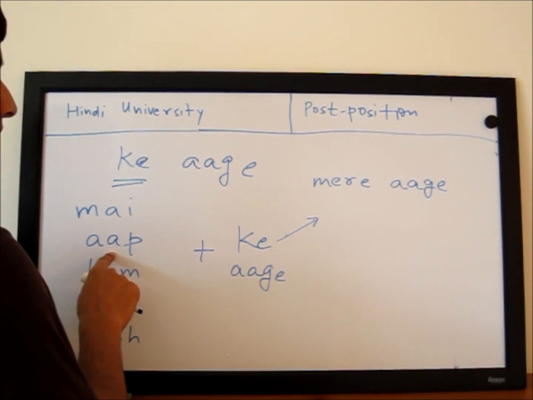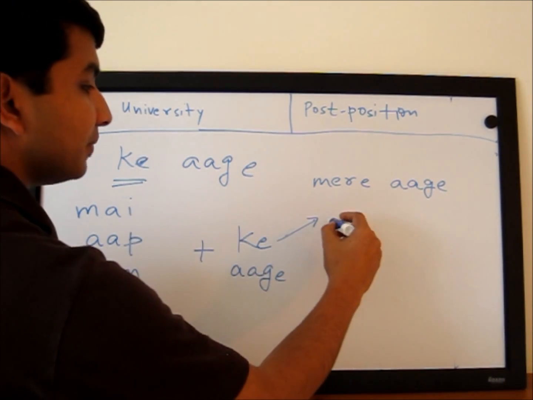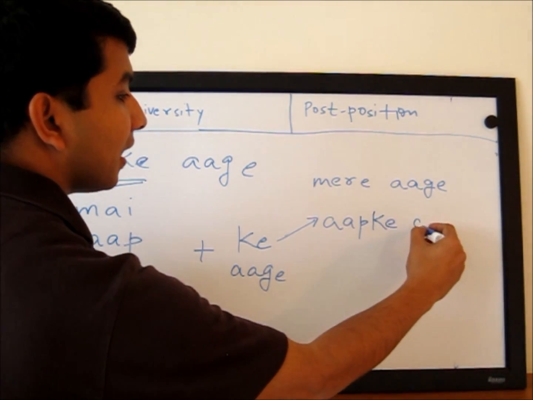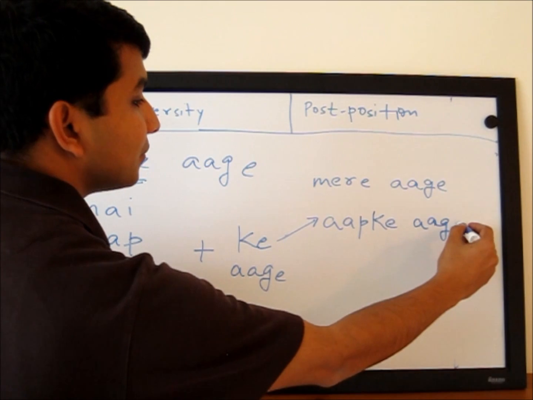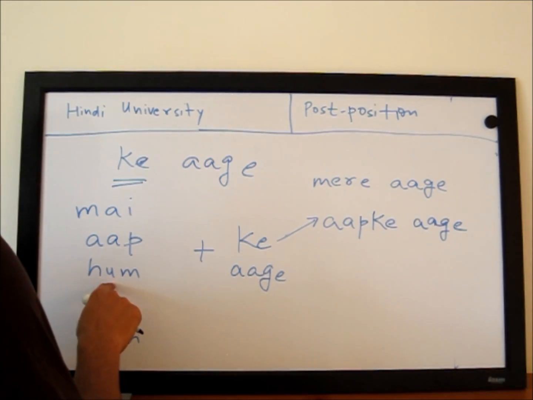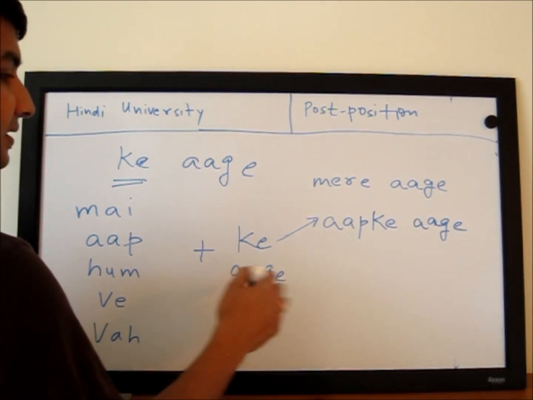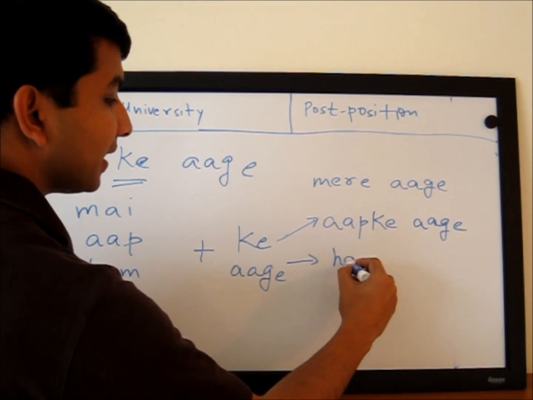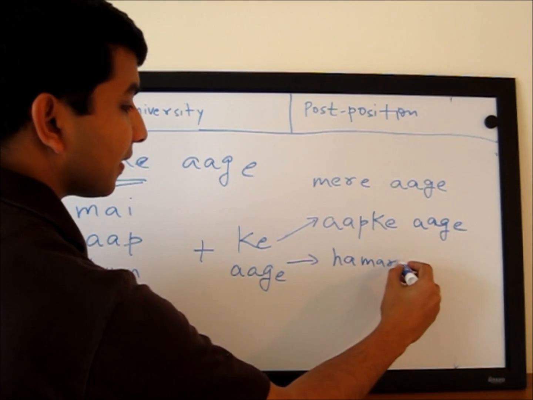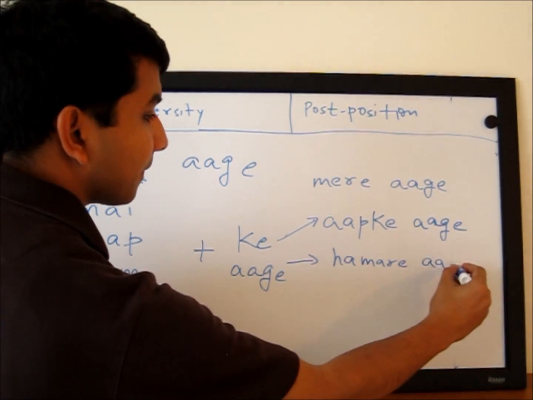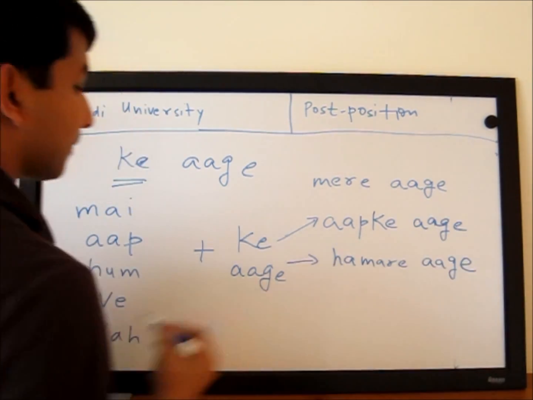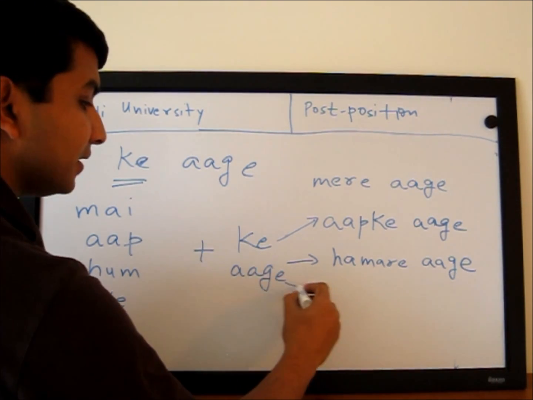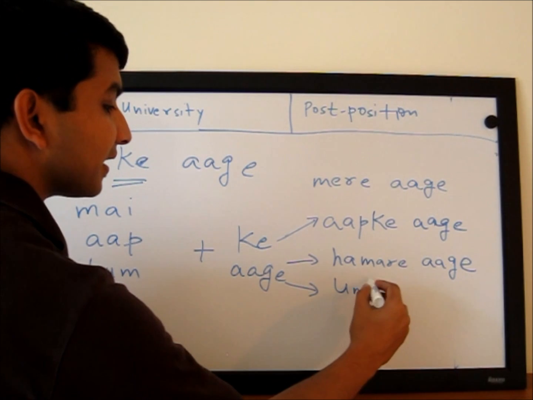When you use aap with ke aage, it would be aapke aage, ahead of you. Hum plus ke aage would be हमारे आगे. वे के आगे would be उनके आगे.